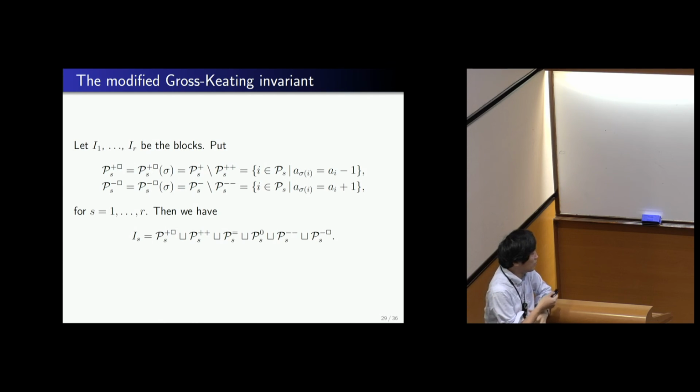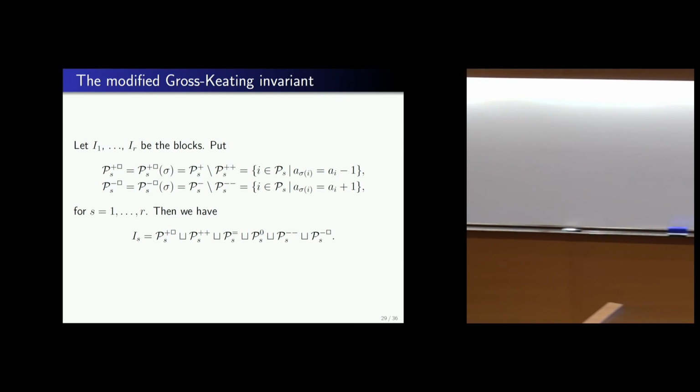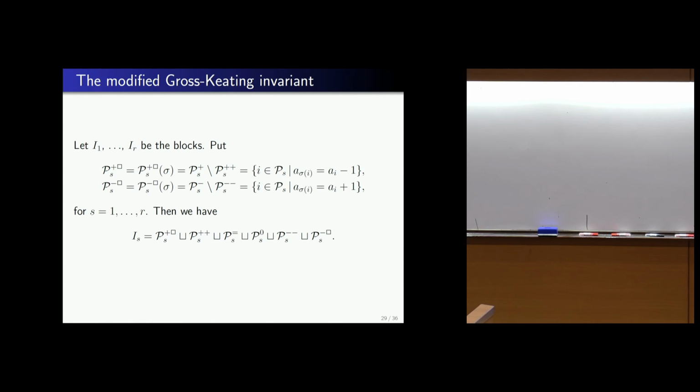To prove analogues of theorems 5 and 6 for quadratic forms in the Hermitian case, we need more definitions. Let I_1 and so on I_R be the blocks for a sequence A, and put P_S plus square to be P_S plus set minus P_S plus plus, and P_S minus square should be defined similarly.